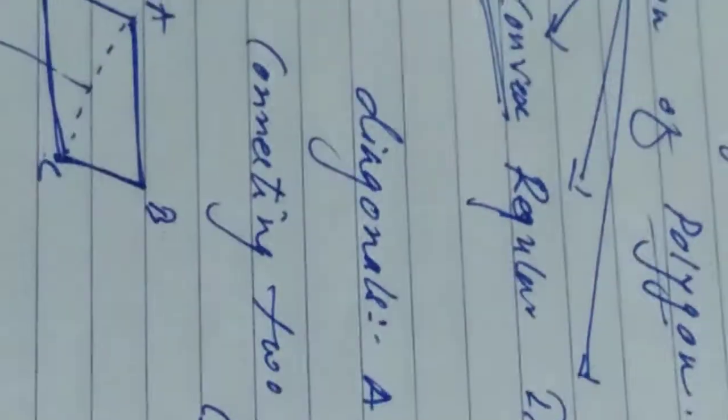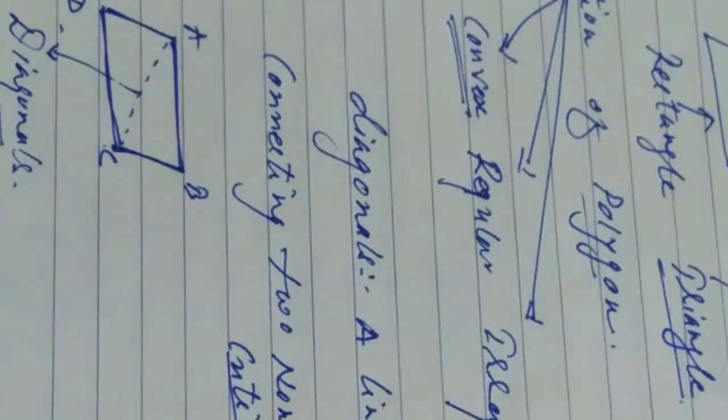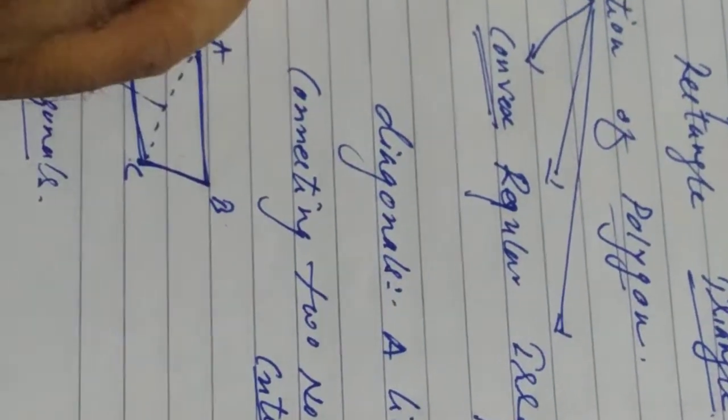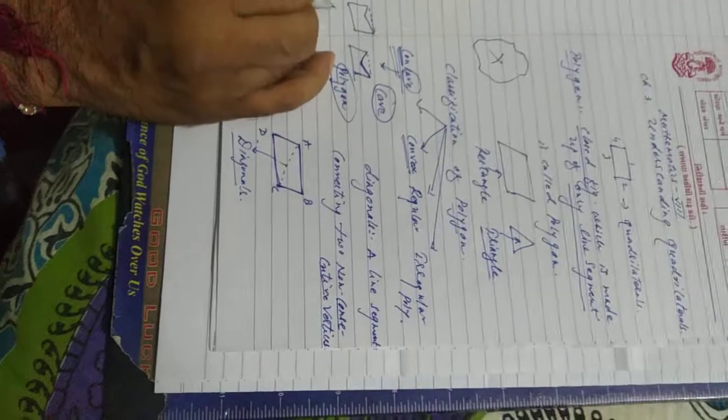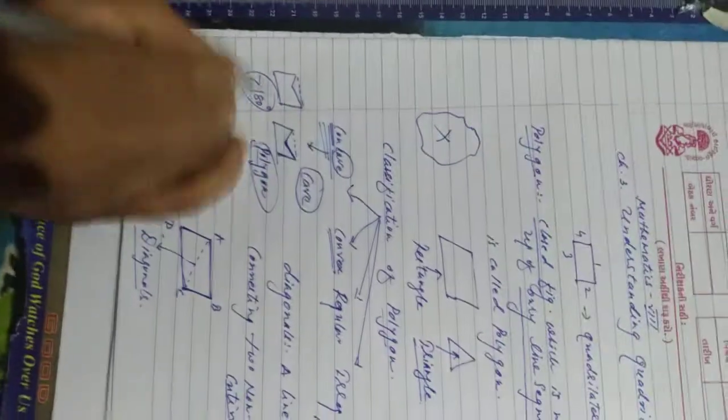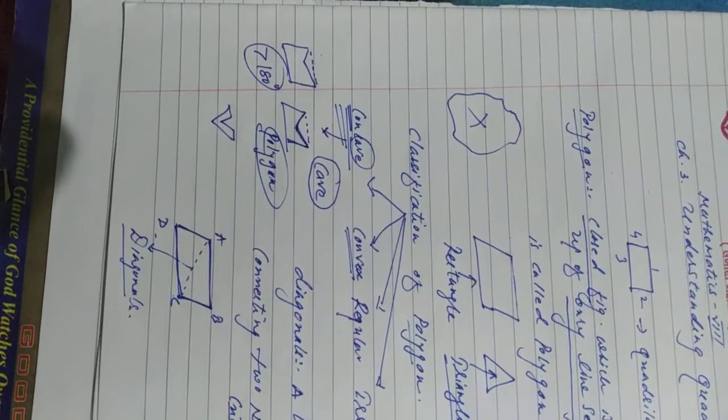Concave, right? Now next is convex. Another thing we can say for the concave is that one angle has a measurement more than 180 degrees. Got it?